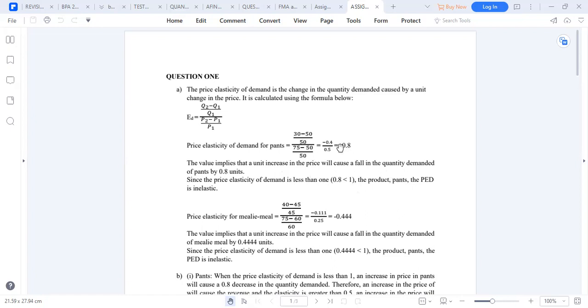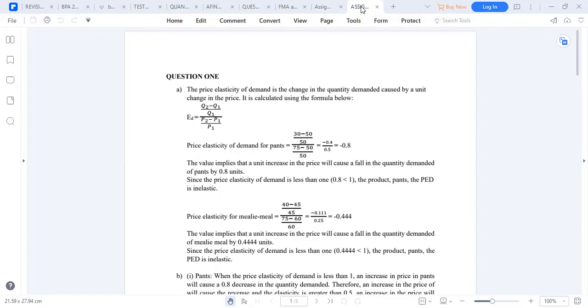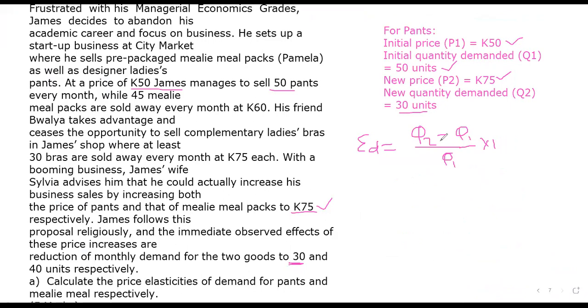Let's go to the mealie meal now. Let's itemize the data for the mealie meal. So what information do you have regarding the mealie meal?